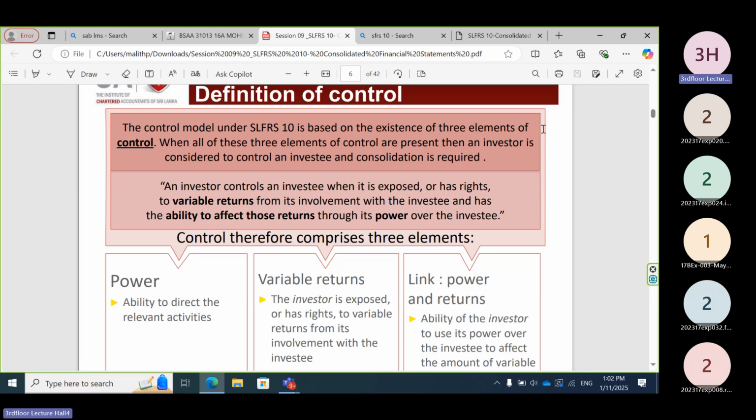This control may come through the power of controlling the return. Power of controlling the return.